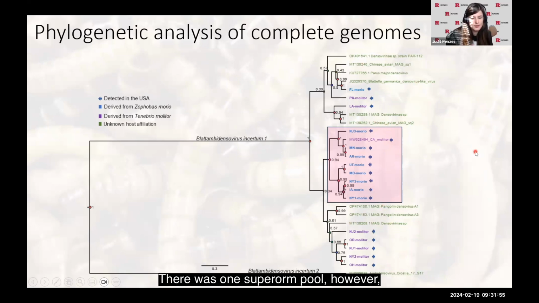There was one superworm pool, however, that is an exception, and at this farm in Florida, they could not observe any sign of the black wasting pathology. So we actually used these animals as a control, believing that they were healthy. It was a very cold day in New Jersey when they arrived as a live shipment.